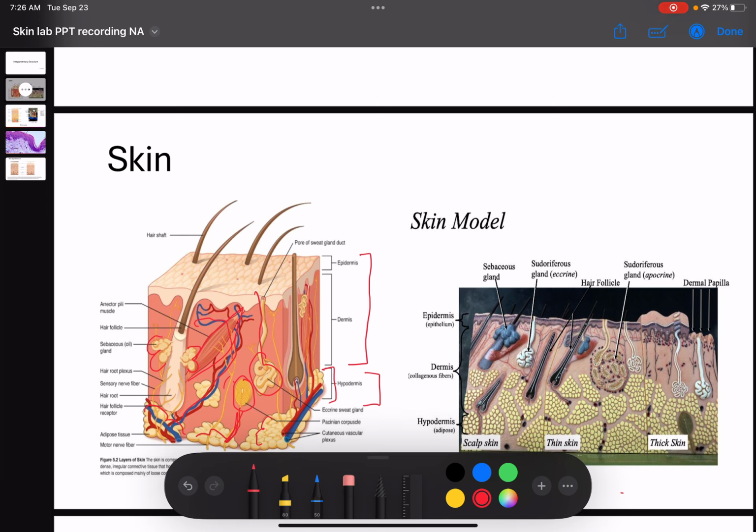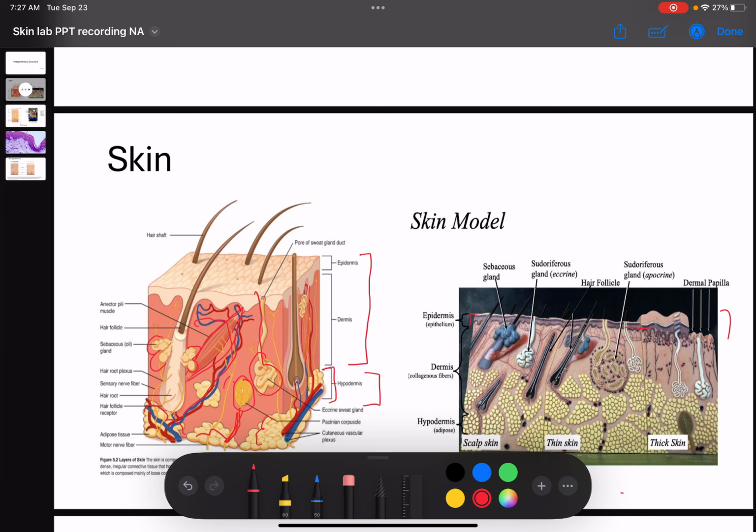So if you look at the model, this maybe you see in your labs, epidermis, this portion, the darker layer over here on the top. This is thick skin. You see thick skin on the palm of your hands or sole of your feet. This is a thin skin example.